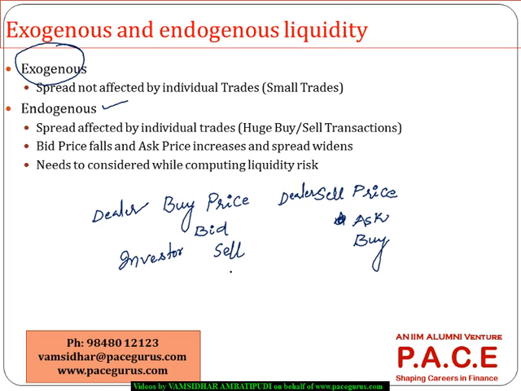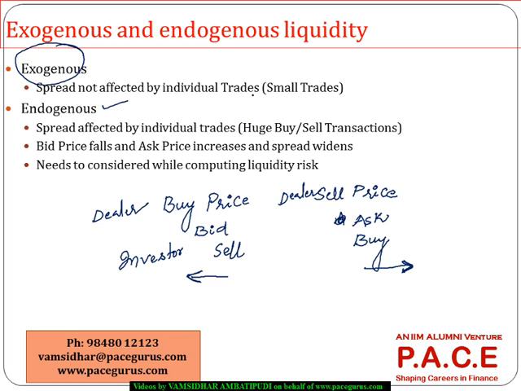What we are saying is, if the asset is more and more illiquid, the investor may have to sell it at a lower price, but if he has to buy it, he has to pay a high premium. That is the reason we talk about the bid-ask spread getting widened.